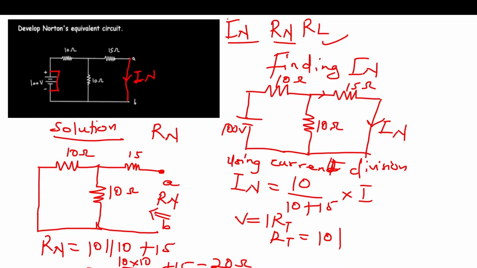So 10 parallel 15 is going to be in series with the 10 up here. So plus 10. And I'm going to get 10 times 15 over 10 plus 15 plus 10. That's what I'm going to get.